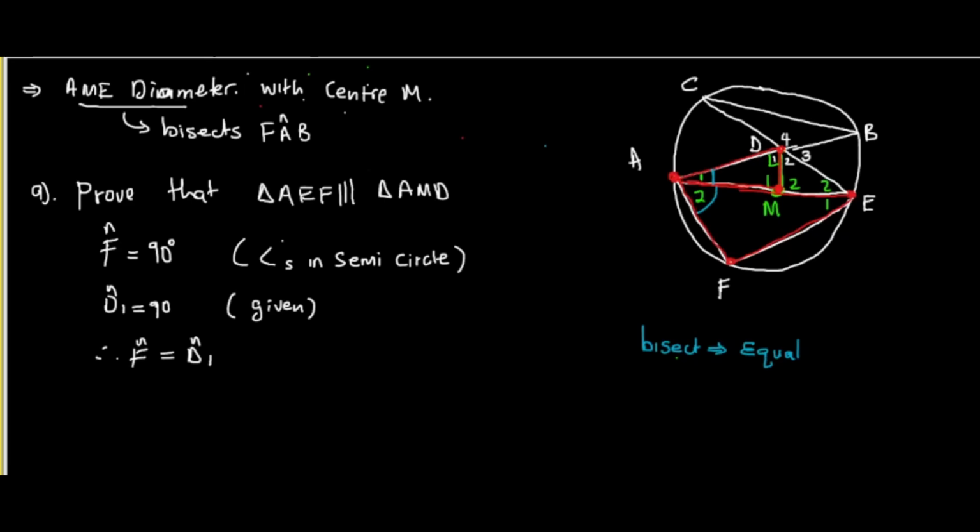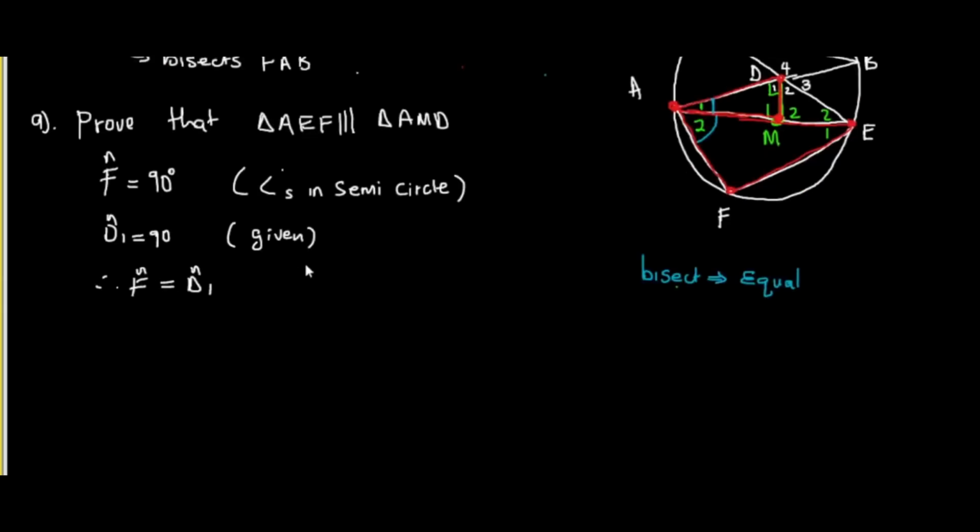Thank you very much for that. So we're going to say that angle A1, which is in triangle ADM, is equal to angle A2. And the reason for that is that Katleho said AM bisects that angle FAB.